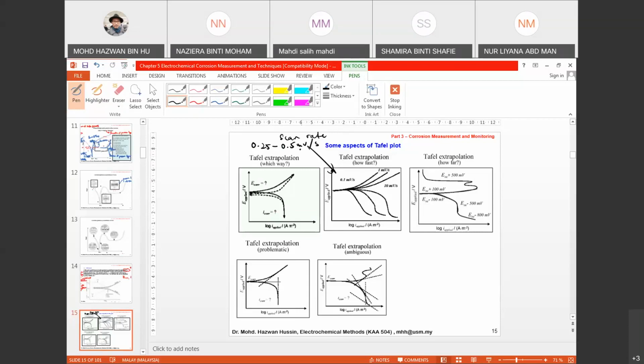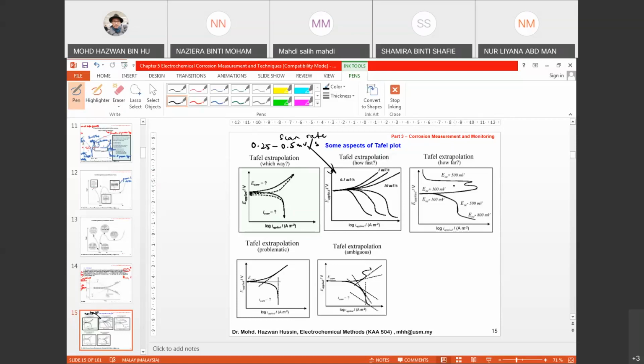If you use a lower scanning rate, then you will have a more defined Tafel plot. The plot is formed nicer because each small point is measured. If you use a higher scanning rate, you cannot see the difference much because the points are recorded in a huge range.